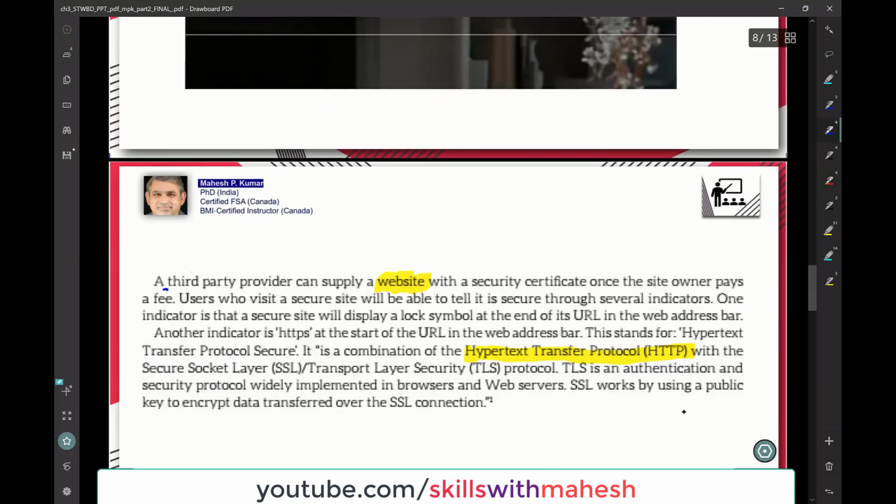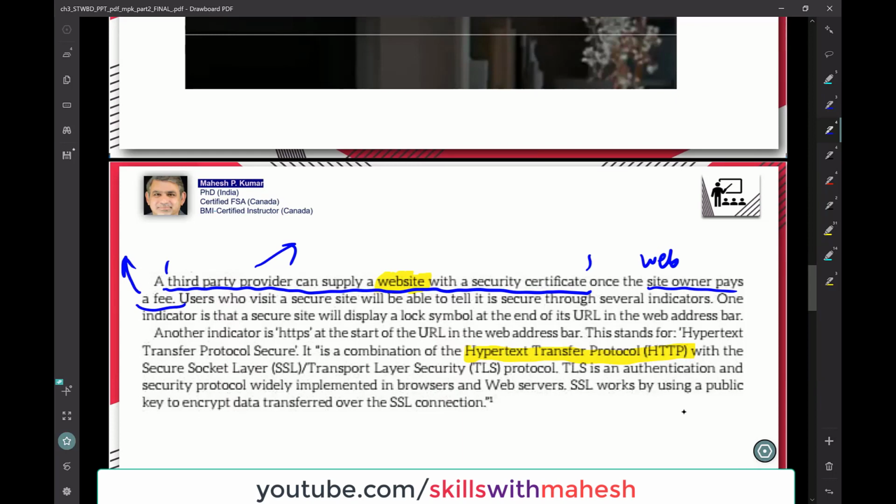A third party provider can supply a website security certificate. So you have to contact somebody, the site owner, the website owner, right? When you make a website, you are the owner of the website, and you pay an annual fee for that, right?